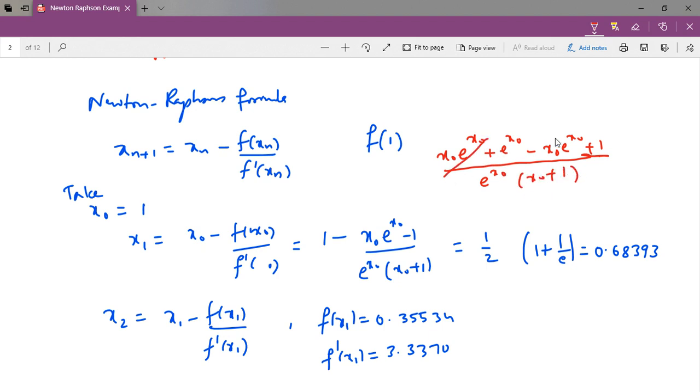So e power x naught into x naught cancels, so 1 plus e power x naught, that gives you 1 by 2 into 1 plus e. Please check this step.